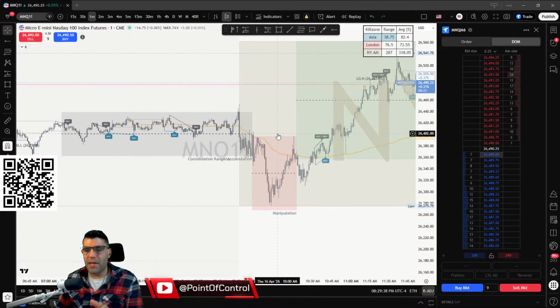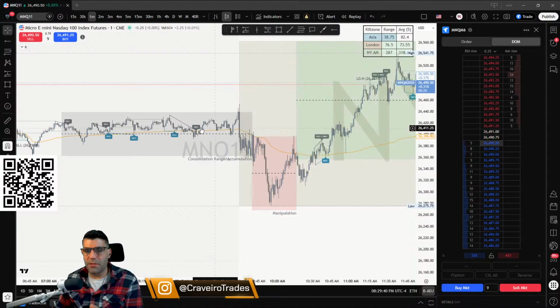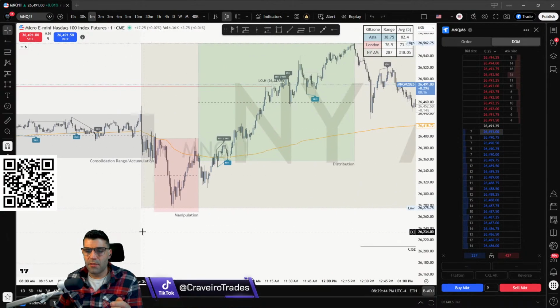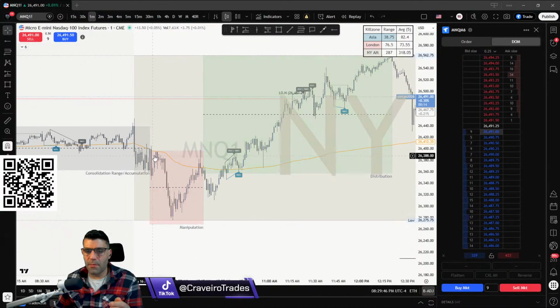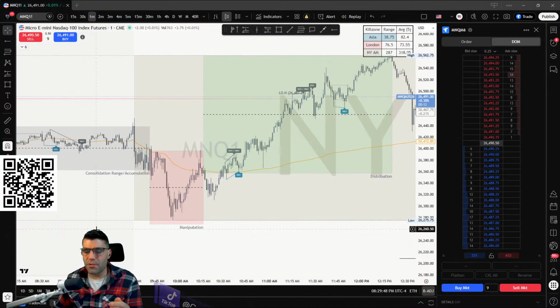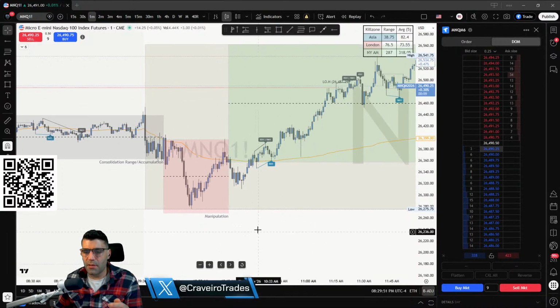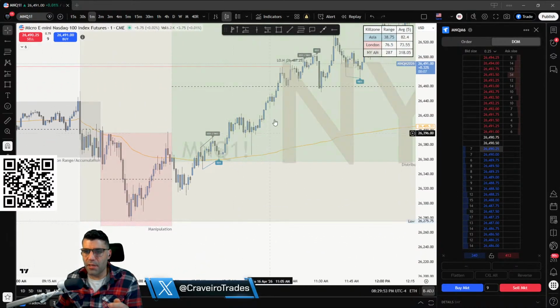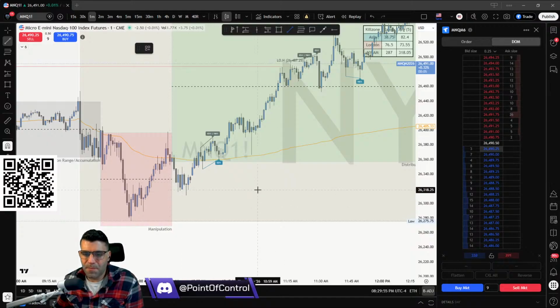Being range bound is a consolidation range. That is smart money accumulating positions, manipulation, and then distribution. This will be a very important thing for you to understand throughout your trading journey.